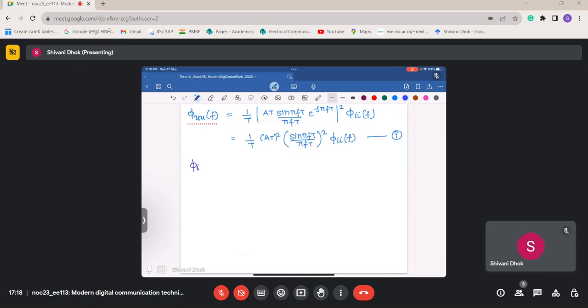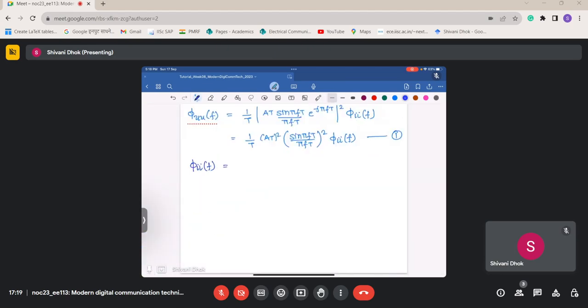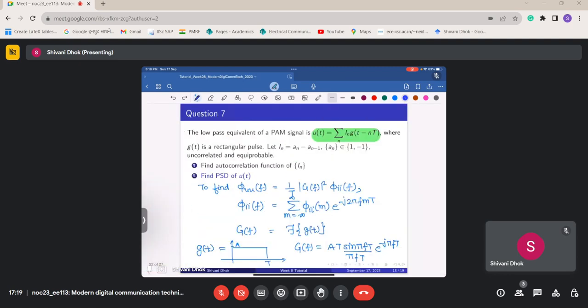This phi_I(f) is simply the Fourier series of this phi_I(m), which is equal to the summation, m running from minus infinity to infinity, of phi_I(m) e^(-j2πfmT). Let me just check if I have mentioned it correctly.